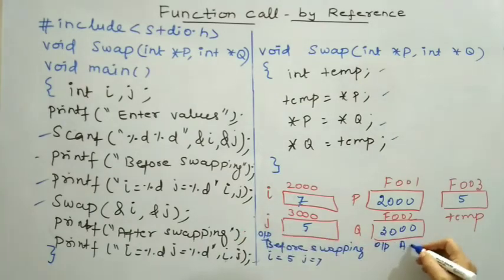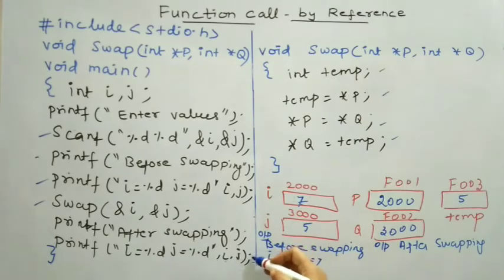It is after swapping. When I execute the next printf statement, it prints i is equal to, what is the value of i? 7. j is equal to, what is the value of j now? 5. So the swapped value of i and j is printed using this printf statement.